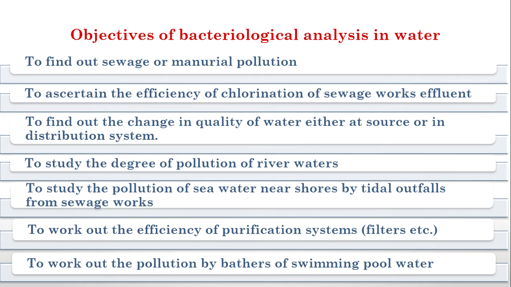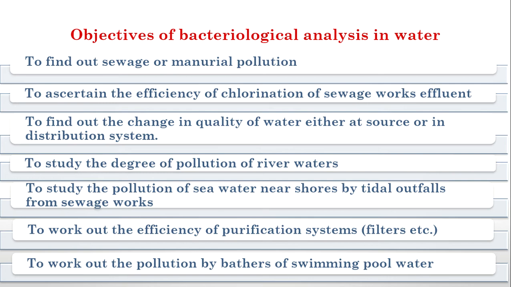Now there are many objectives of bacteriological analysis. We are doing the bacteriological analysis of water for achieving certain objectives. These are: to find out sewage or manual pollution, to ascertain the efficiency of chlorination. After chlorination, if you do the test, we can ascertain how effectively the chlorine disinfects the water.